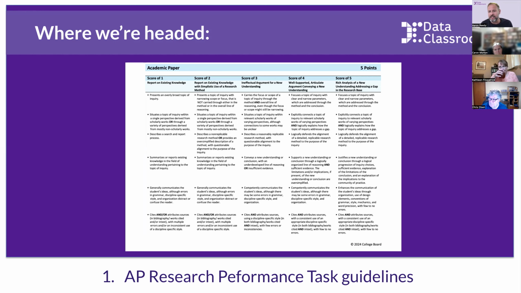So that to me says that the College Board and their grading system are pretty serious about having data in the paper. It seems like while it's not strictly necessary, some presentation of student data in the paper is a pretty clear path toward a higher score in AP Research.